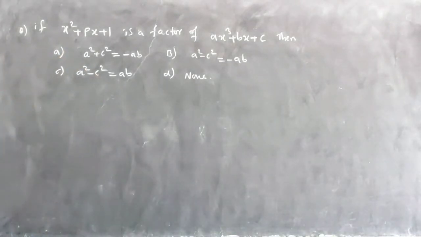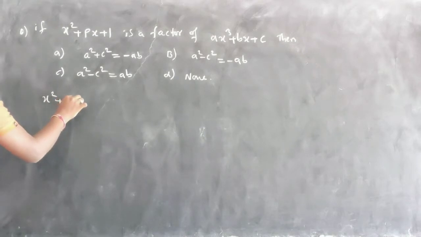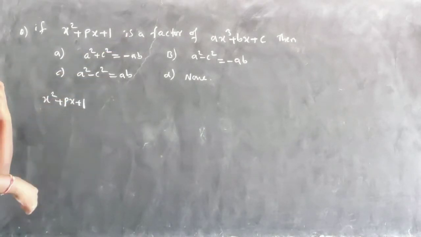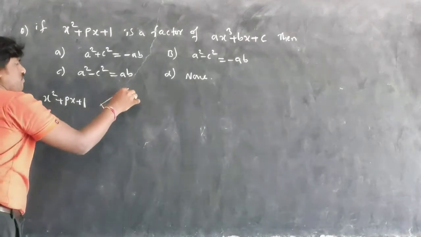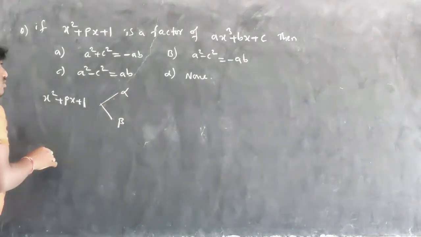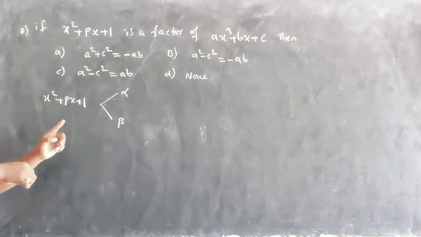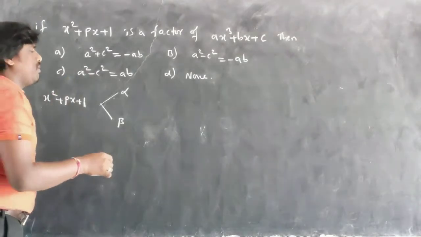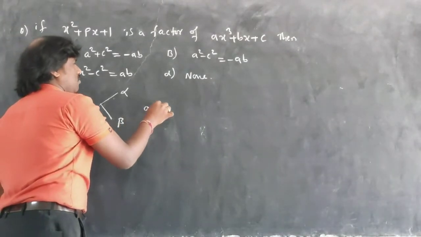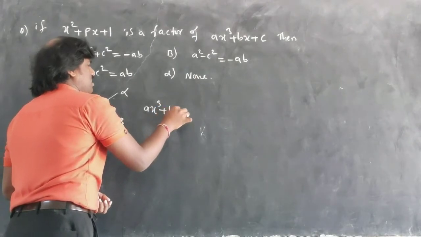Let us see here, x square plus px plus 1 is a factor of that. What does it mean? Suppose the roots of this one are alpha and beta, because we don't know this p value. And the other equation you have is the cubic equation ax cube plus bx plus c.